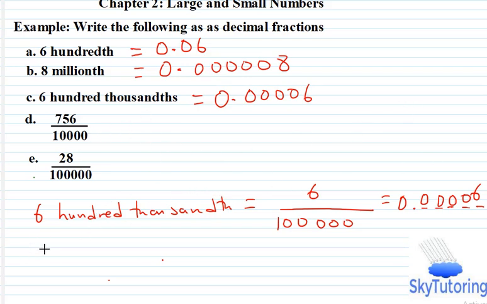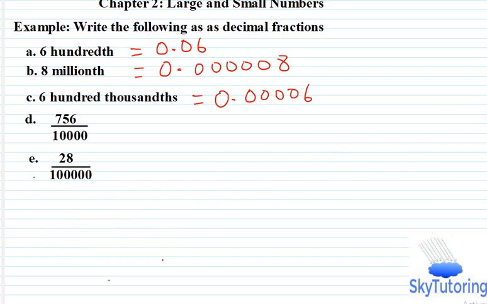Now let's see this next one. Let me just erase this. So I have 756 all over 10,000. This has already been simplified for us. So dividing by powers of 10 again, I'll move 1, 2, 3, 4 zeros, so 4 places to the left.